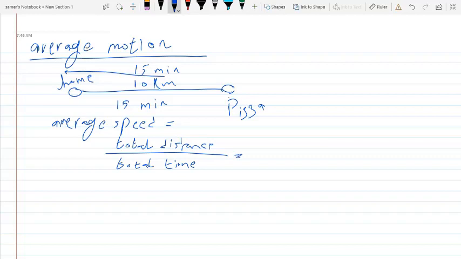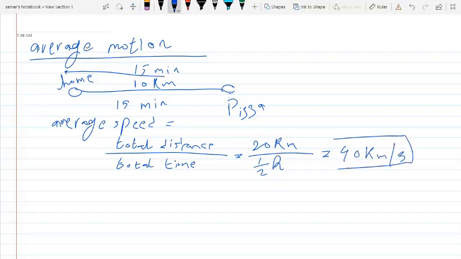In this case, the total distance is 10 kilometers going to the pizza place and 10 kilometers going back to your home, which is 20 kilometers divided by half an hour. 15 minutes plus 15 minutes is half an hour, and this is equal to 40 kilometers per hour. This is your average speed.